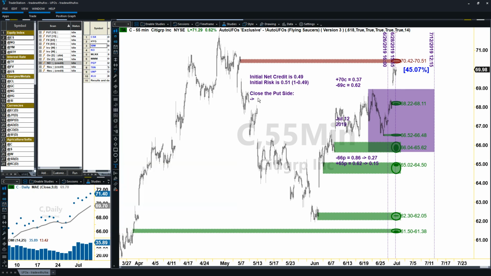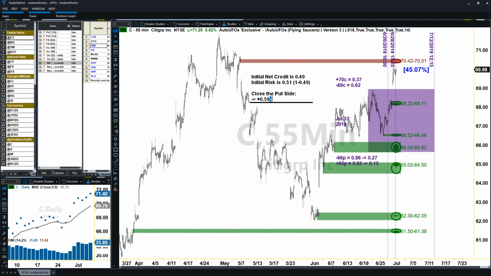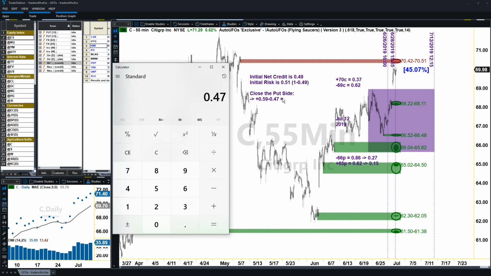So if I close the put side, I am making plus 59. But I will be losing some money on the other put, because it was bought at 62 and now I will sell it at 15. So I will lose 47. So 59 minus 47.